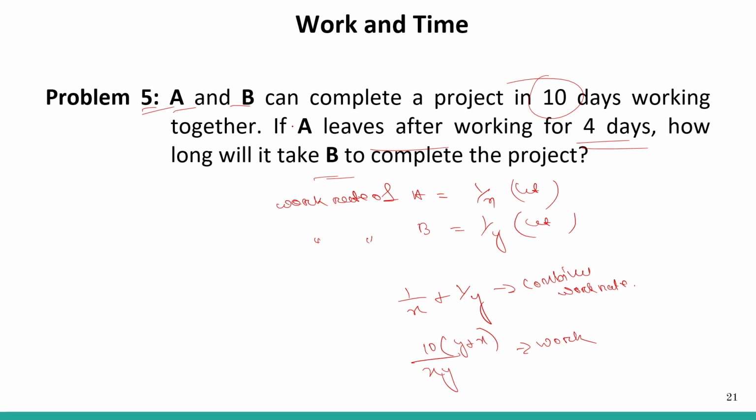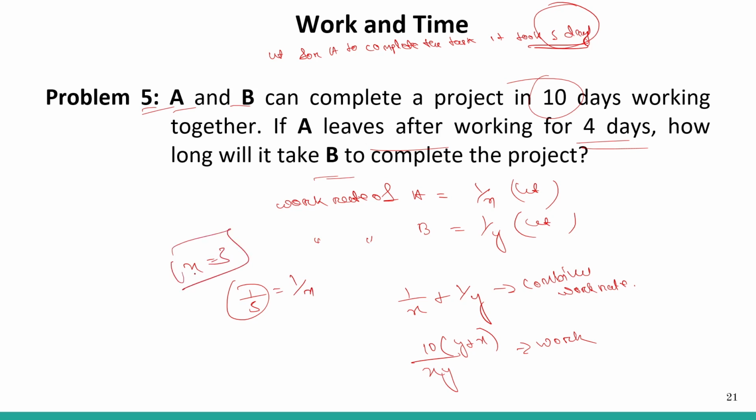Something is missing here, I think the amount of time it takes for A or B. Let's say for A to complete the task it took 5 days. I think there is some missing information and I am putting it here. So 1 by X is equal to 1 by 5, as X is equal to 5.